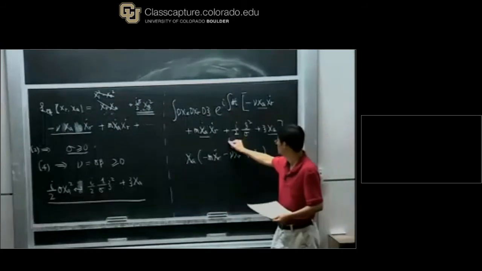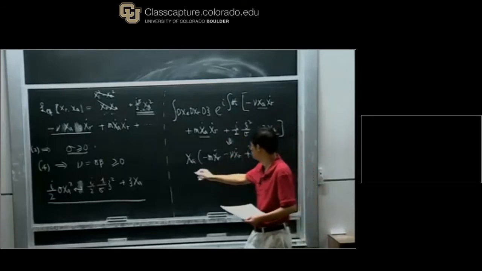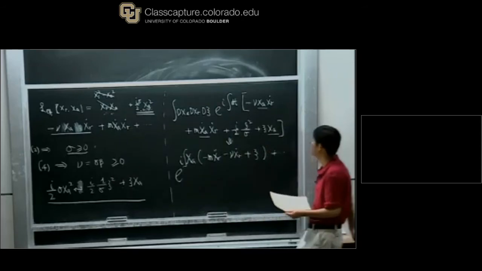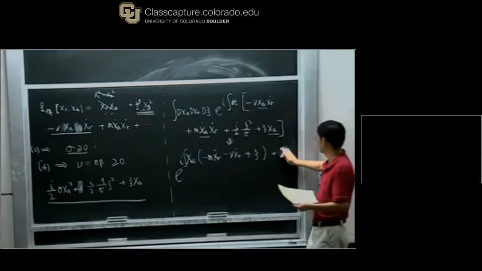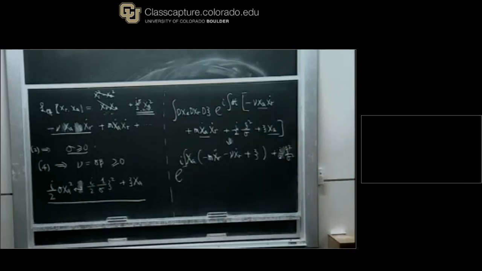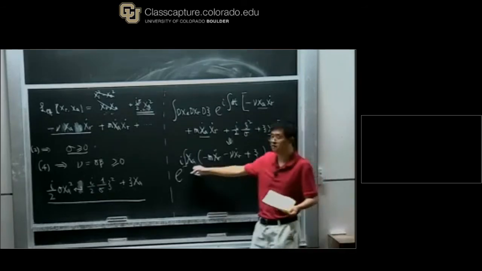In the exponential there will be I, then plus something else, and there's only this term. Let me just write it down: 1/2 I sigma square. And now this just becomes a Lagrange multiplier.